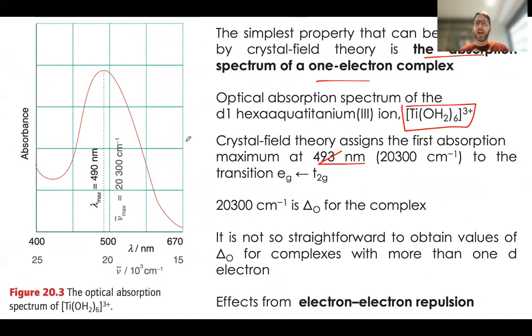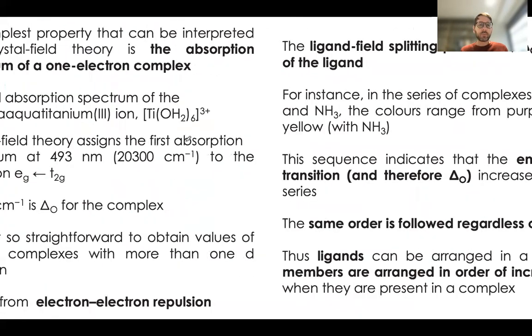And of course, when we have more than one electron, things get a little bit more complicated because we also need to consider electron-electron repulsion.